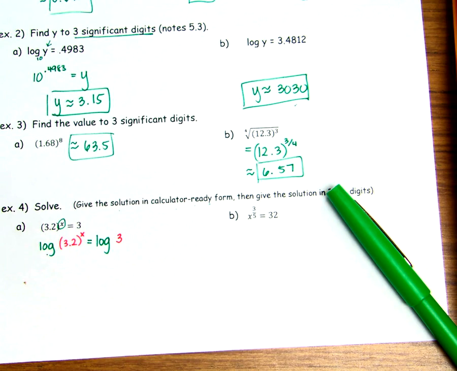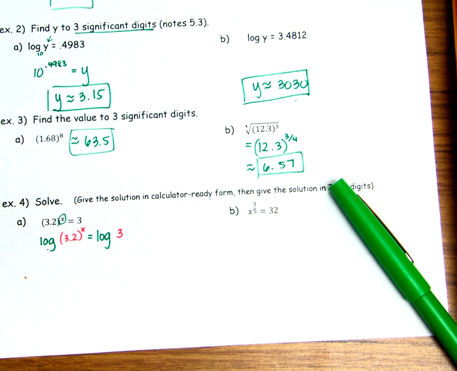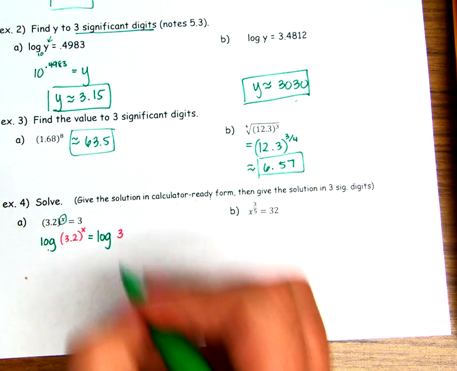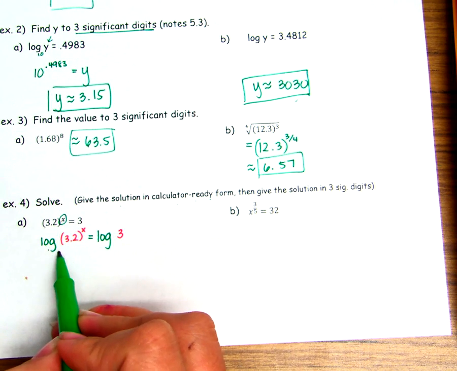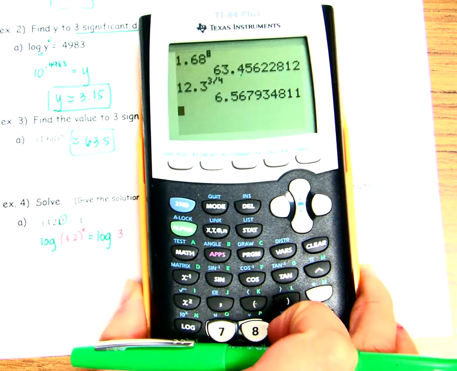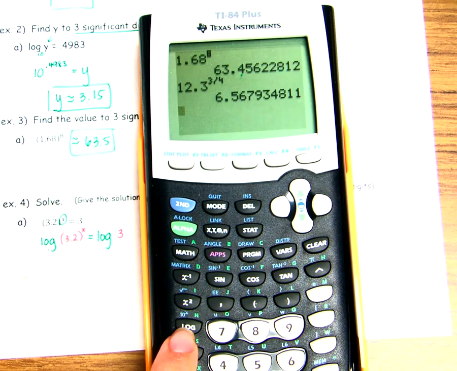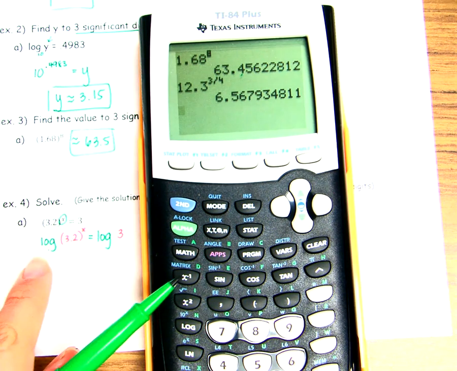All I've done is take the log on both sides. From this, you could technically take log base 3.2, but I wouldn't do that if your calculator only has a log base 10. So I usually use log base 10.